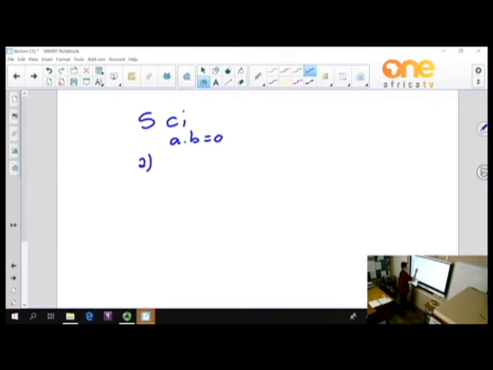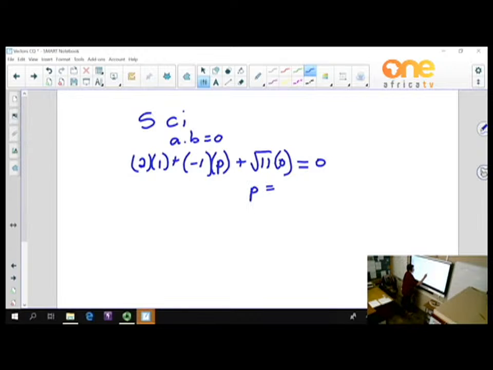So 2 times 1 plus negative 1 times P. This is the value that I need to find. Plus the square root of 11 times 0. There is no k, so I multiply it with 0 is equal to 0. Why? Because then the angle is 90 degrees. And that gives you that P is equal to 2. P is equal to 2.